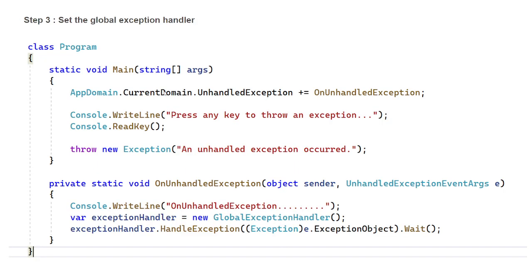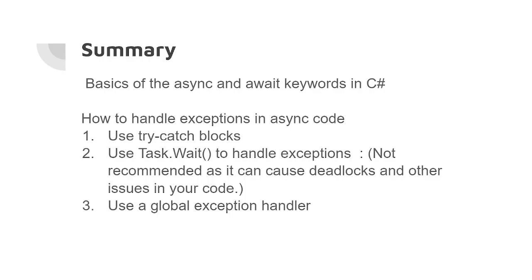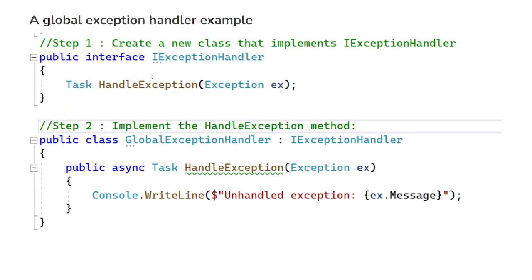Then the next step is to set the global exception handler. In this example, we are creating a new console application that demonstrates how to set up a global exception handler. We have created an interface called IExceptionHandler and a class called GlobalExceptionHandler.